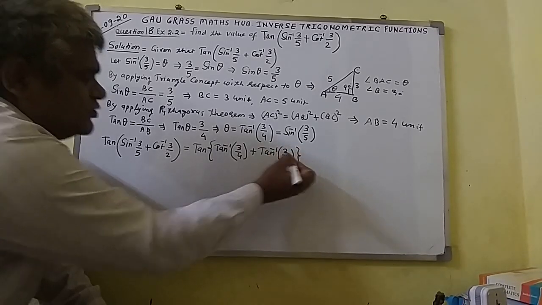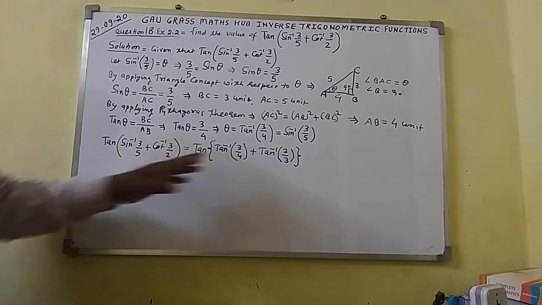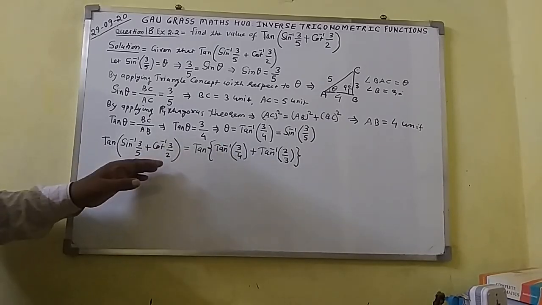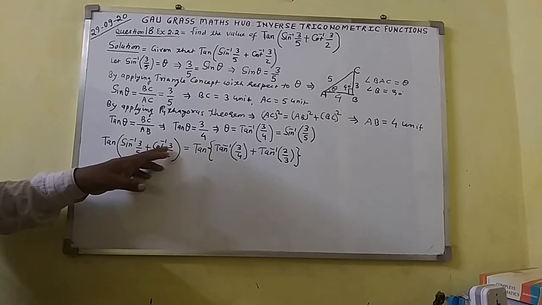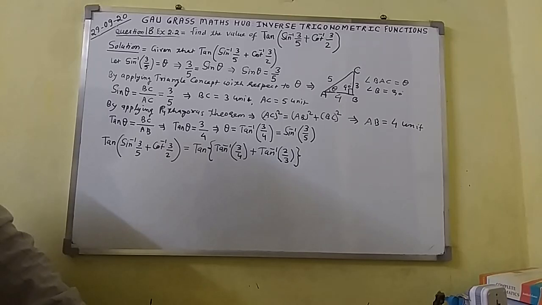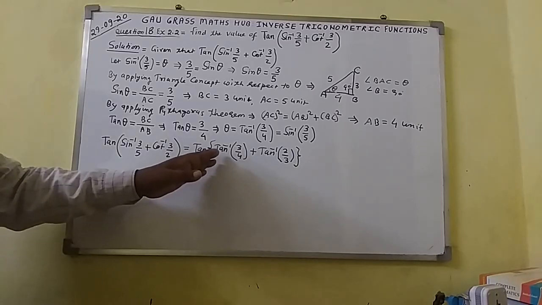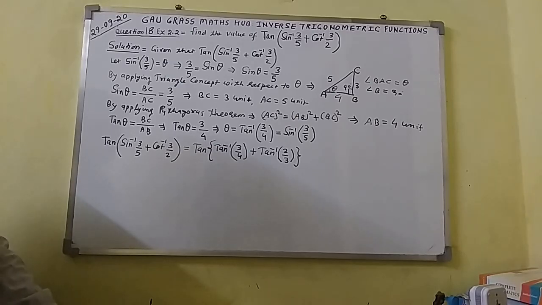Curly bracket close. Why? Because the inverse of cot inverse will be tan inverse. Accordingly, the inverse of 3 over 2 will be 2 over 3. So here you have got tan inverse x plus tan inverse y. You will apply the formula here.